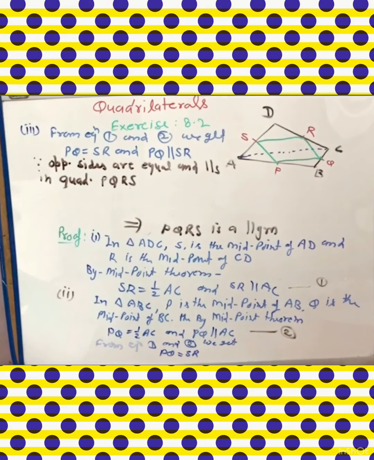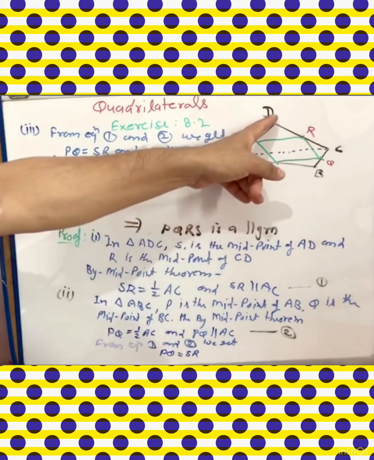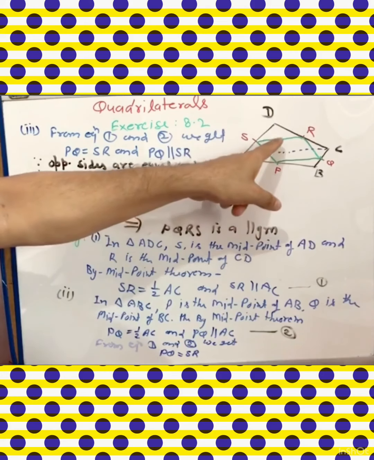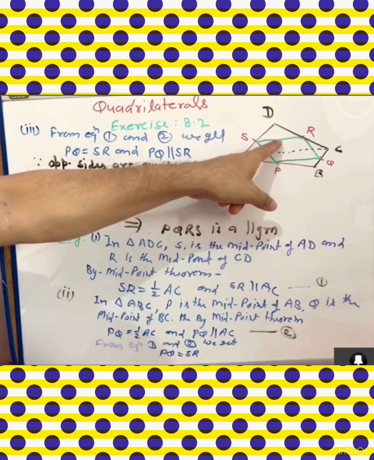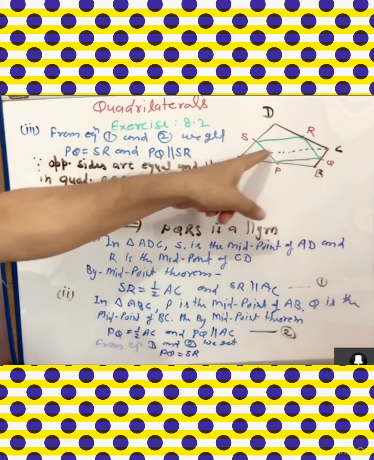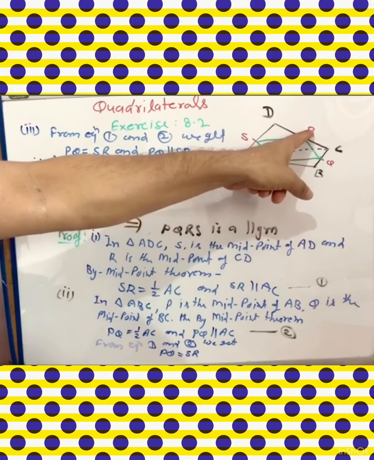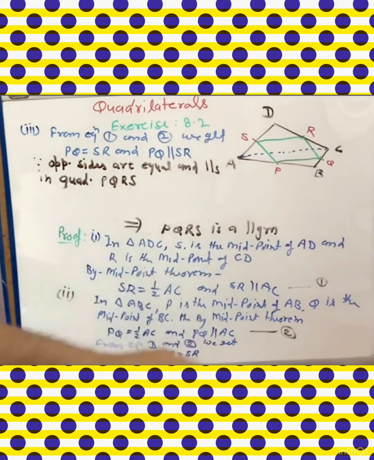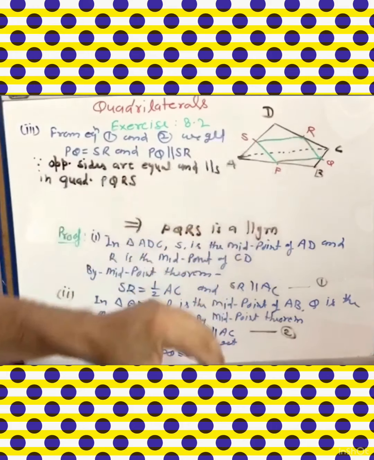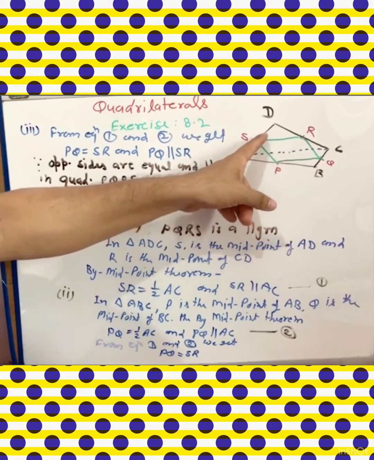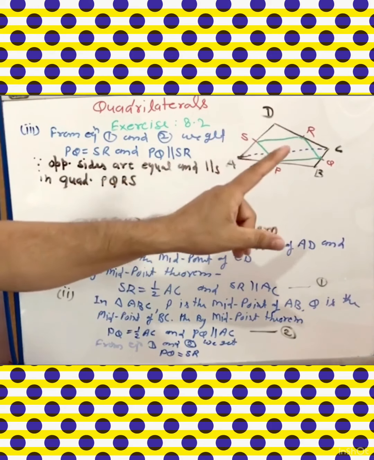I want to once again tell you about this question. So first of all, you will take this triangle ACD. In this triangle, you can say that this is a side and this one is a third side of the triangle, and S and R are the midpoints of these two other sides, that is SR is parallel to AC and SR is equal to half of AC.